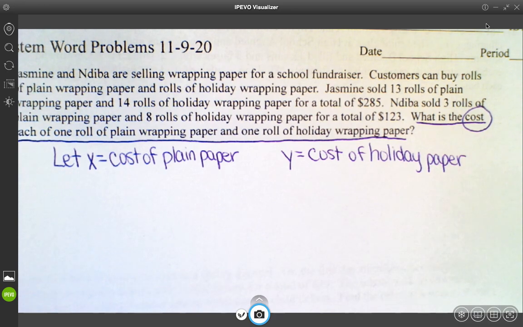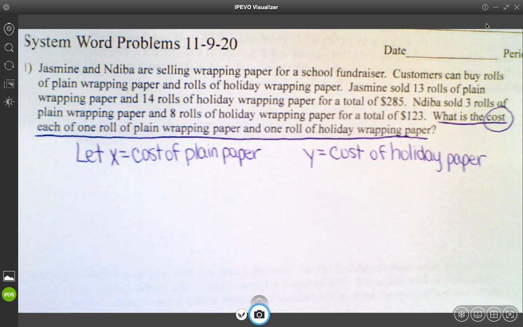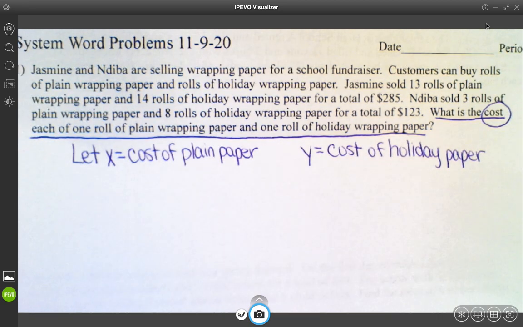So on every single problem, I do expect you to tell me what X and Y are going to represent. And in this case, we have 2 different totals. Each person has their own total, so we're going to write an equation for each person. So we want to look at Jasmine first. That's going to be our first equation.